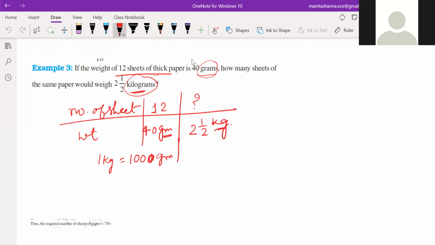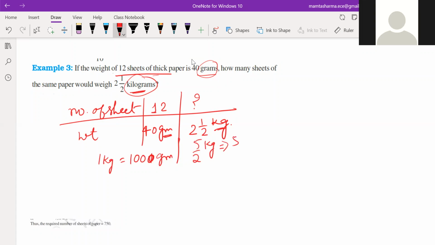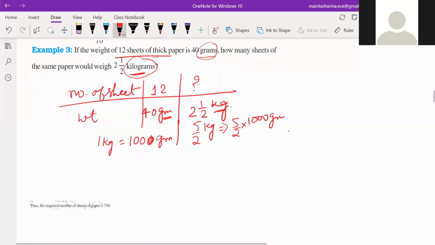Yeah, that also we can convert. First solve this mixed fraction: 2 1/2 is 5/2 kg. In gram it would be 5 by 2 into 1000 gram. Or you can solve it further: 5 into 500, 2500 gram.